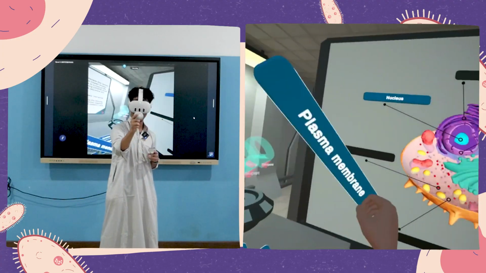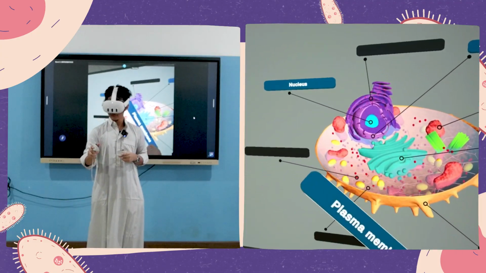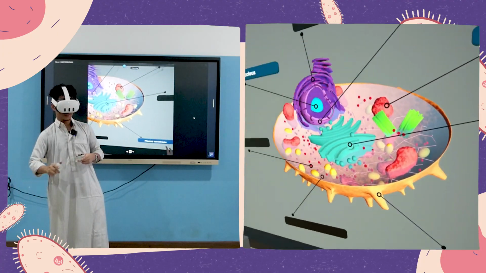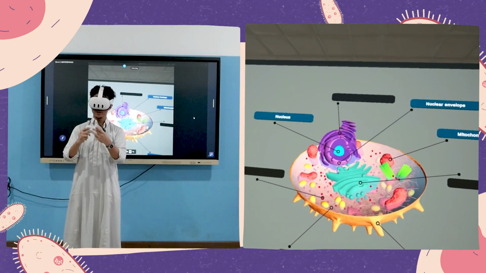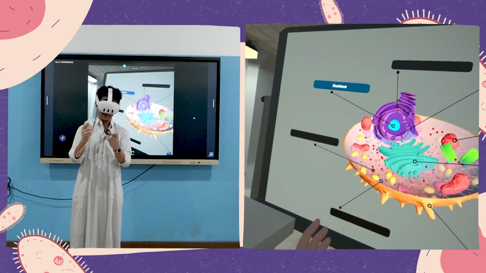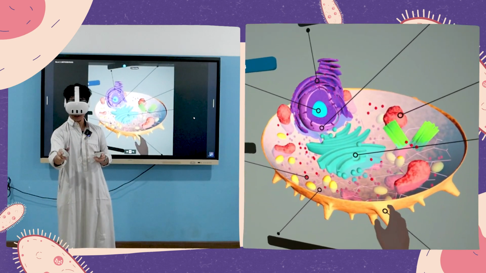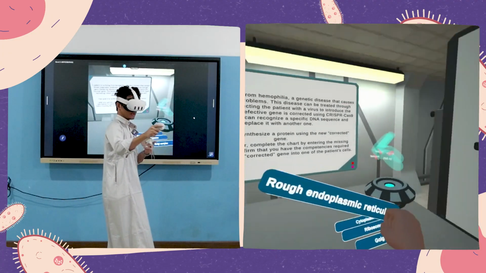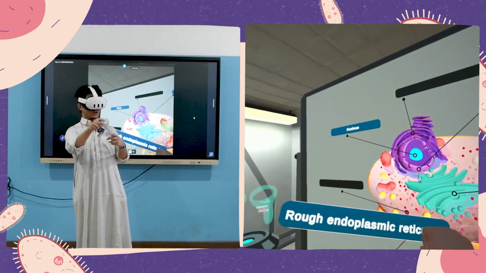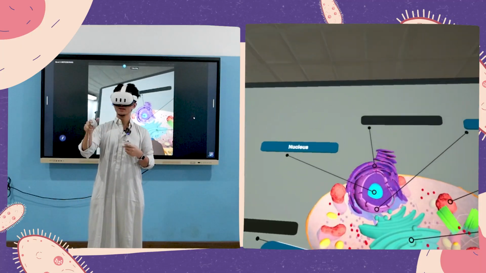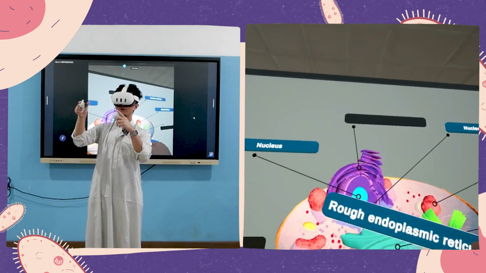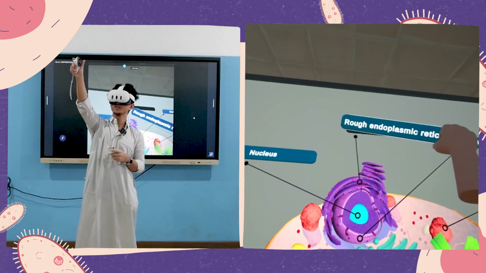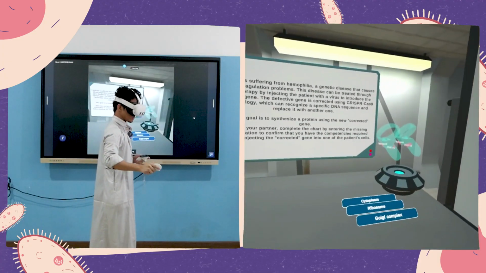Next thing, we're gonna go with the plasma membrane. This is gonna be right here, since plasma membrane is the part of the cell that covers the cell, protects the cell, so it's gonna be this part. Next thing is the rough endoplasmic reticulum, which we know the rough ER is the ER that is covered by ribosome, so it's gonna be this part, which is near the nucleus.